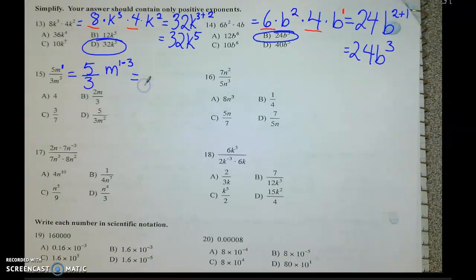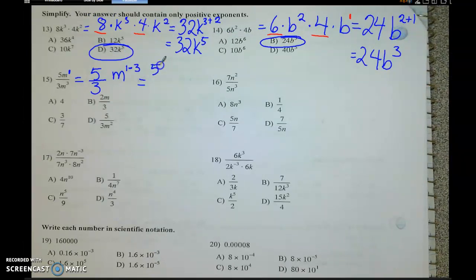So that ends up giving us 5/3 m to the negative 2. Well, that m needs to move down to the bottom to get rid of that negative exponent. So we're going to have 5 over 3 m to the 2nd power. So that means that D is our answer.